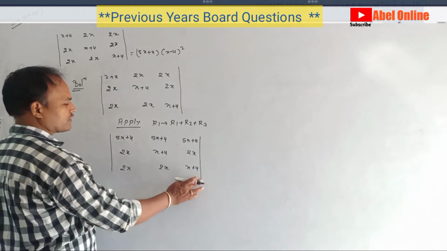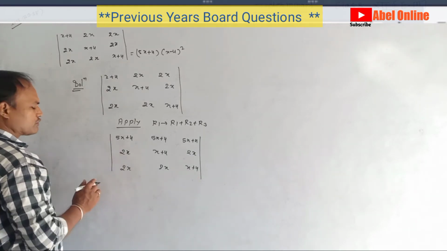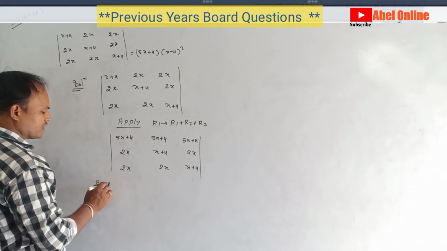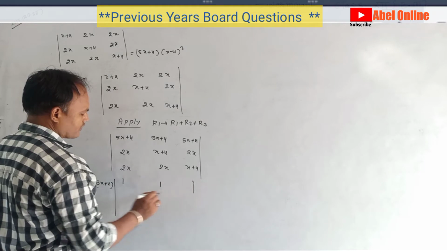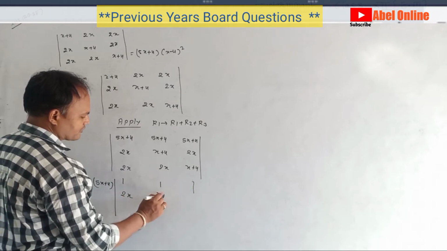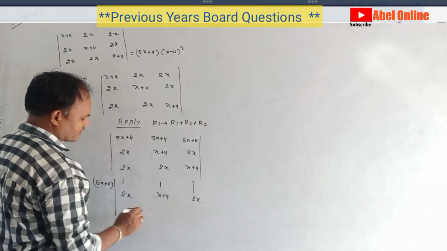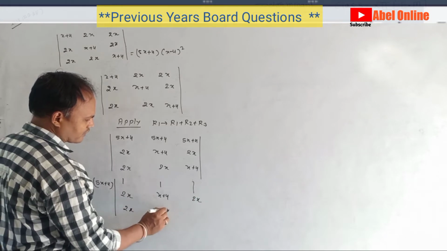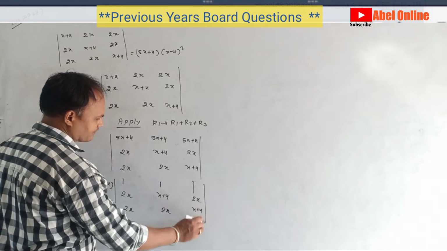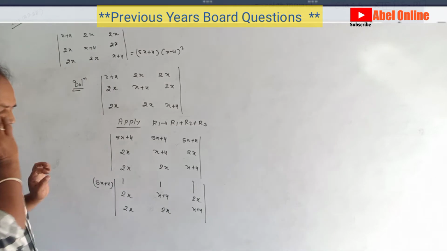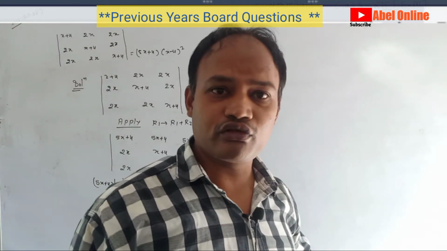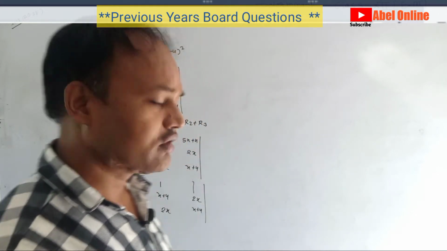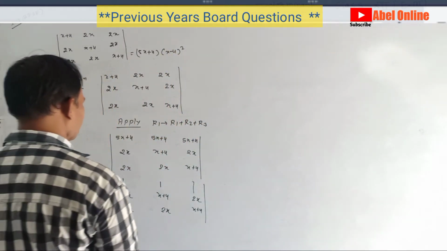Now the question arises, what can we do now? We take 5x plus 4 common from the first row, so the remaining part is 1, 1, 1. The other rows are twice x, x plus 4, twice x and twice x, twice x, x plus 4. Now when you find 1, 1, 1 in any row or column, we operate C1 tends to C1 minus C2 or R1 tends to R1 minus R2.